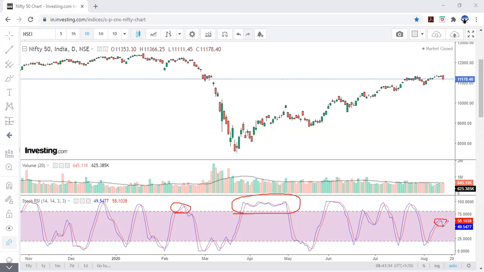If this line crosses from above, then continue with the buy signal as per the momentum. Otherwise, this will be the top and the market makes a top here.